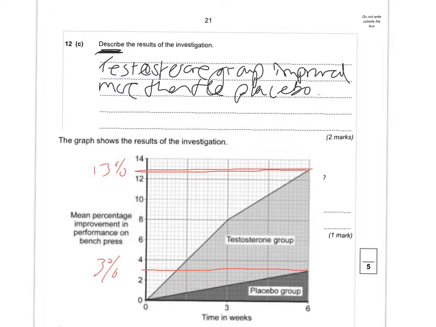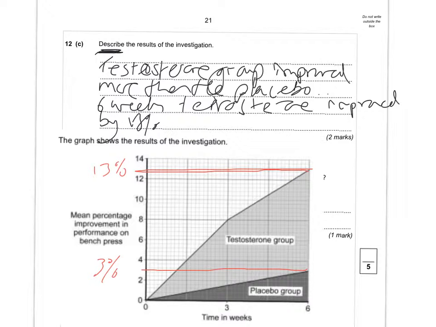So you could say after 6 weeks, testosterone group improved by 13%. Placebo group was 3%.